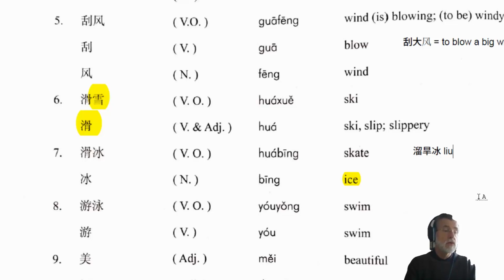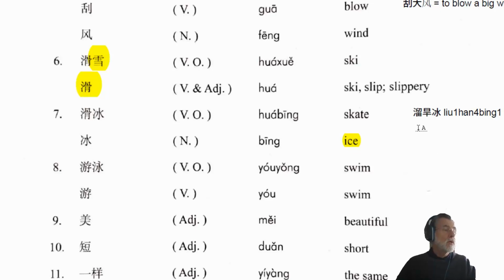The bing we can already see from the word list here, meaning ice. The han means dry. Now, it's not talking about literally dry ice. It's talking about skating on concrete surfaces, for example. Liu han bing. So there is the expression.